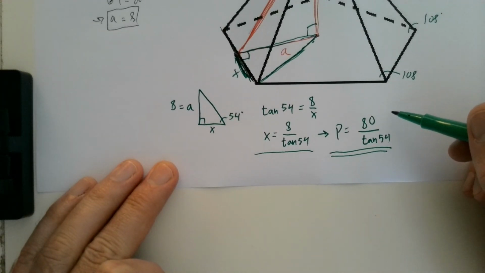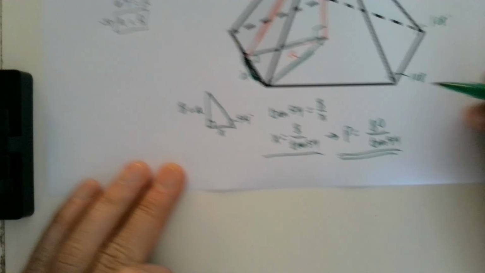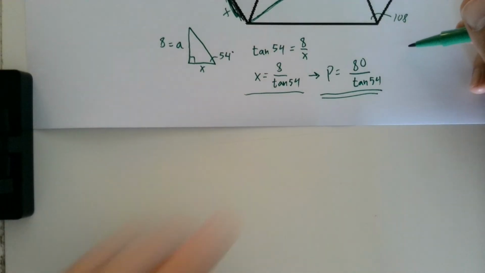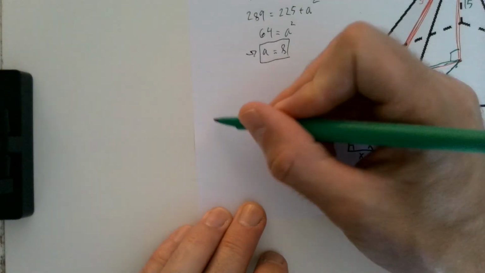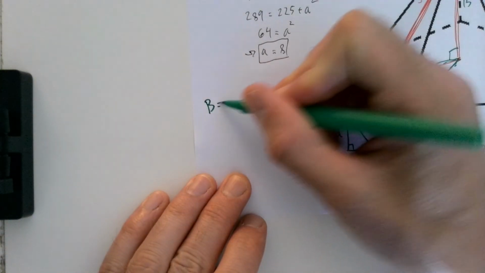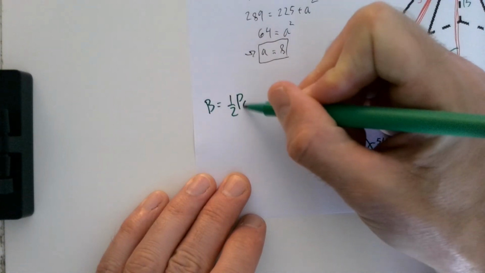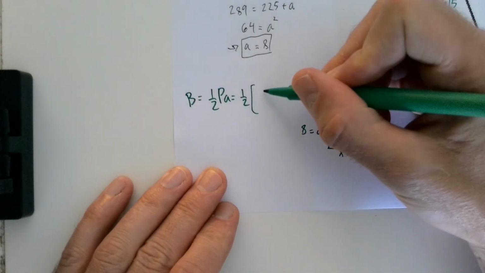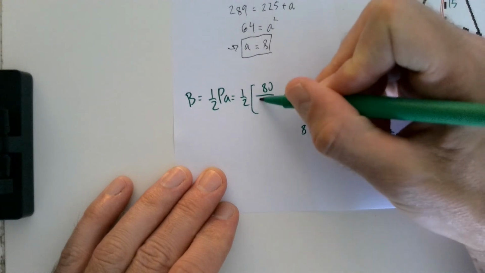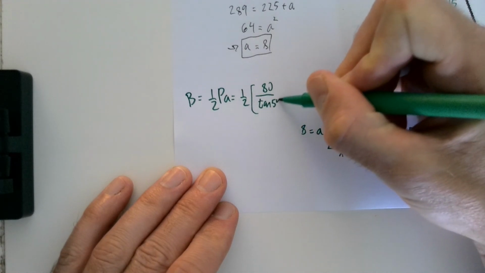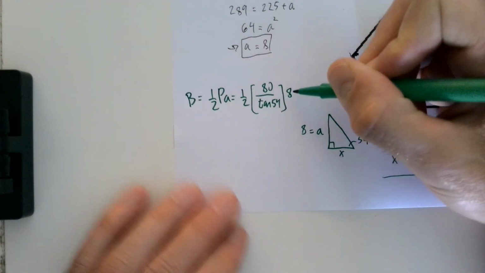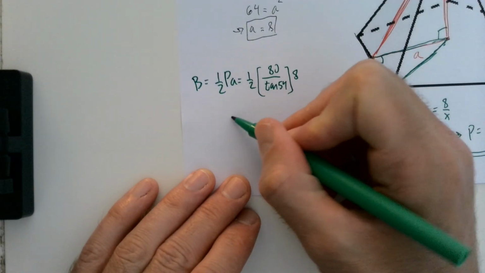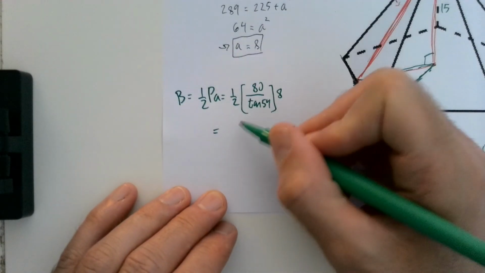I need area of base, so that's one other part. Area of a regular pentagon, do that over here. 1/2 perimeter times apothem. Okay, let's see what that reduces to.